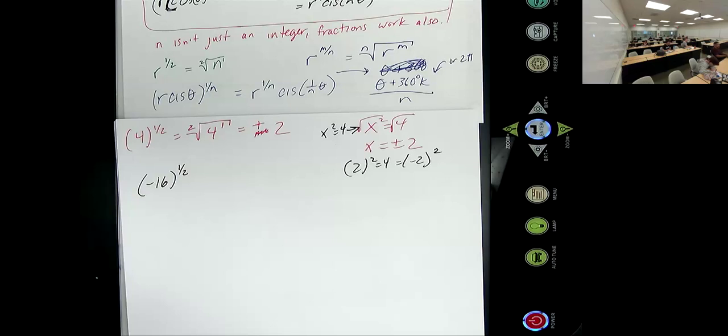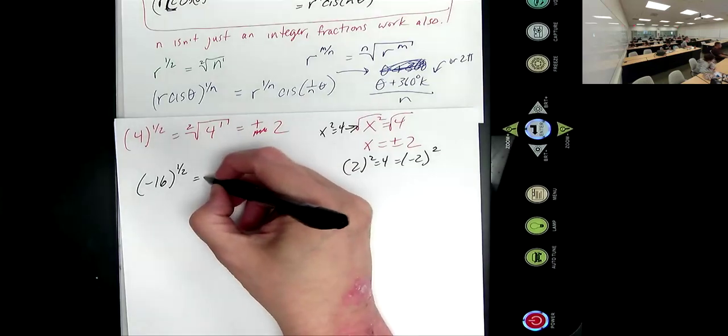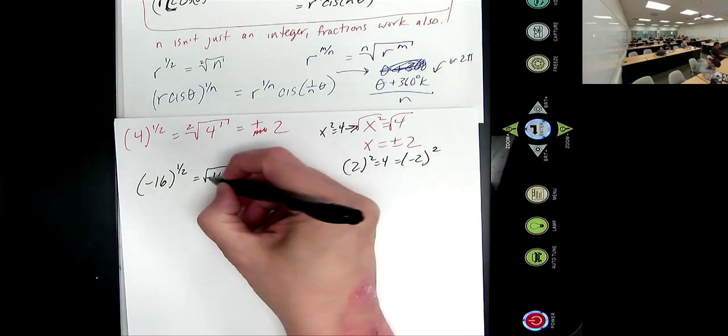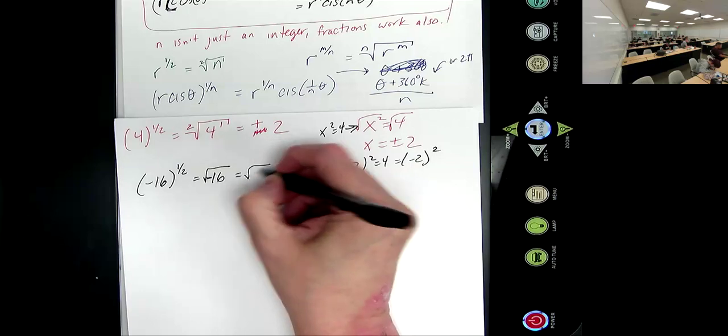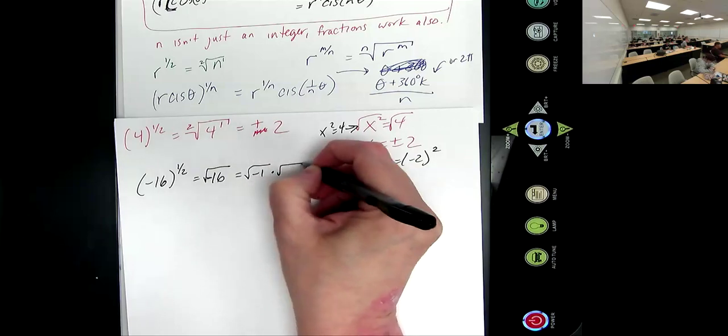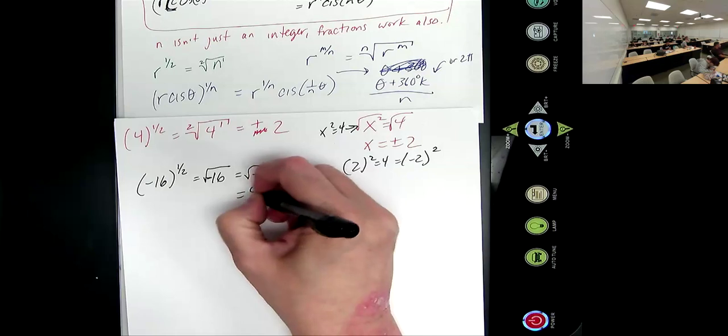What's going on here? It would be 4i. See with an i. Yeah, so it'd be 4i, because this is the square root of negative 16, which is the square root of negative 1 times the square root of 16, which is 4i.